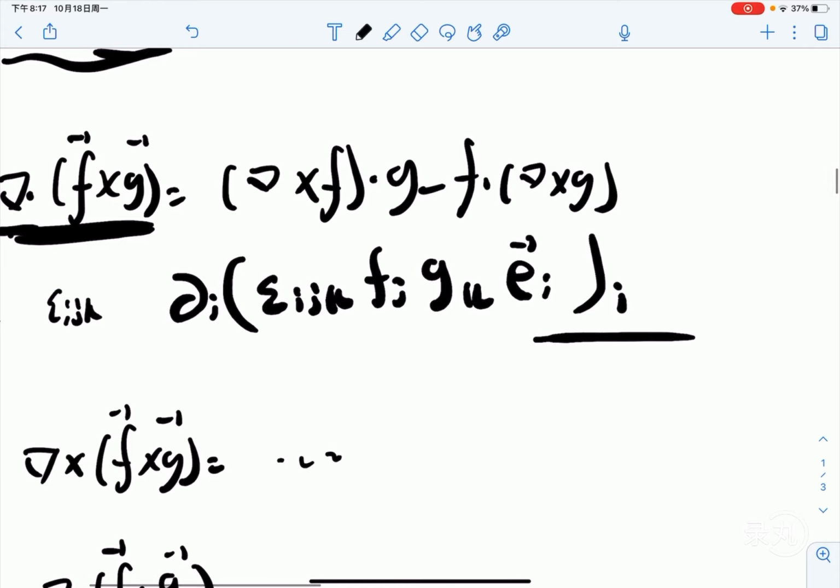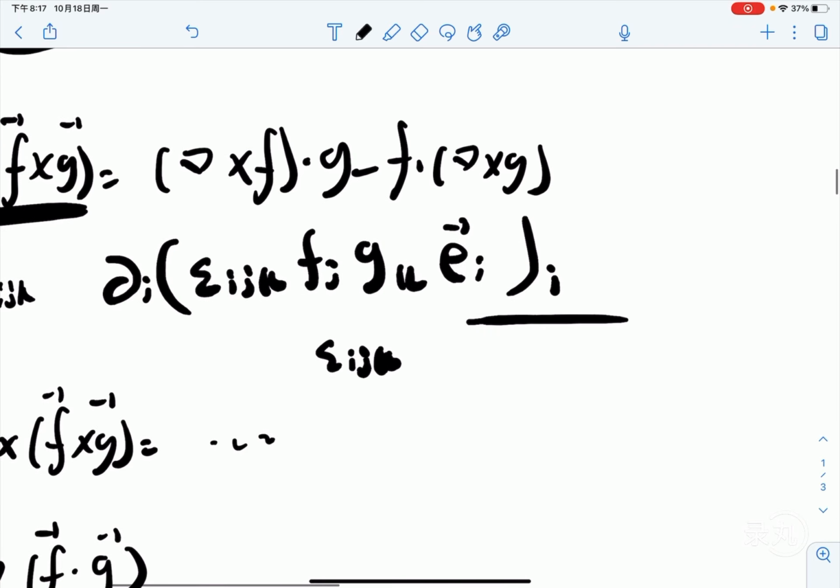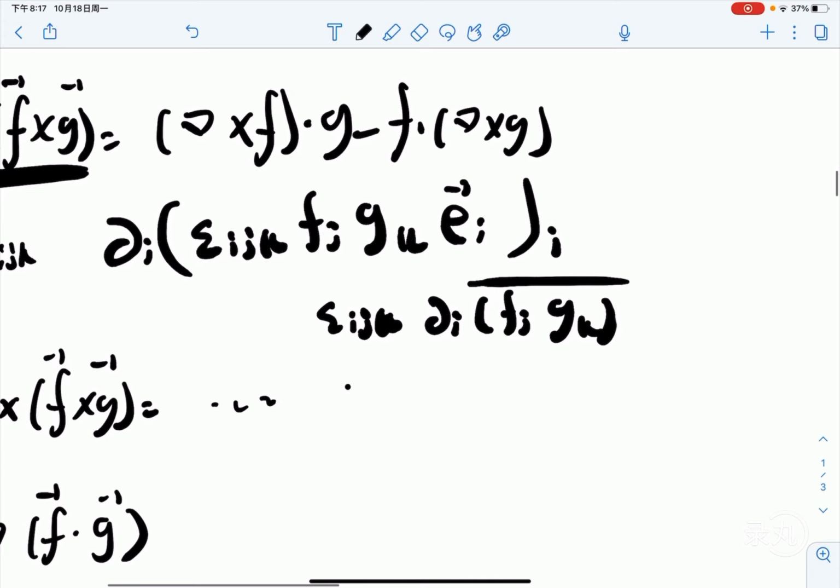So this term is just equal to epsilon_IJK ∂_I F_J G_K, and this stuff is equal to epsilon_IJK ∂_I.